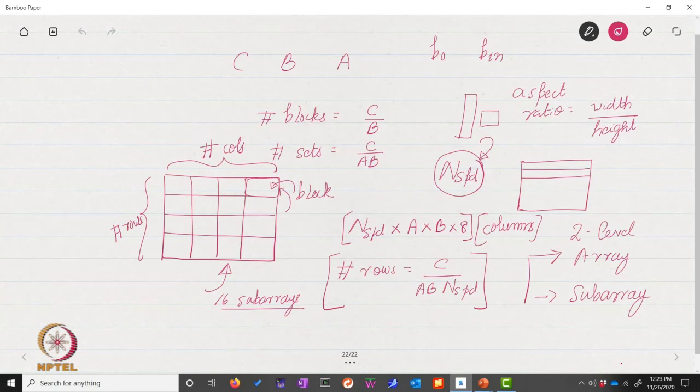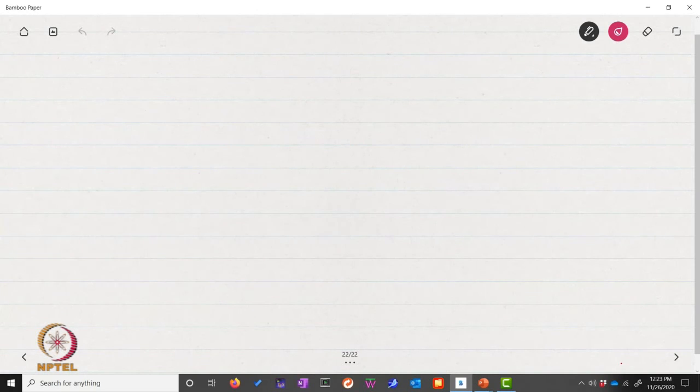So let us now draw a simple trade-off graph. On one side, we have the access time of the entire array, right? We need to compare that with, let's say, the time required for finding out which subarray, and then routing the address bits to that.